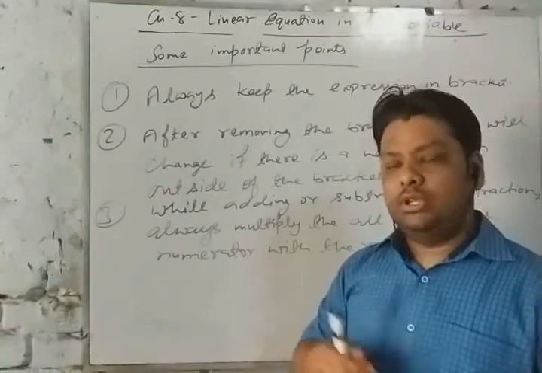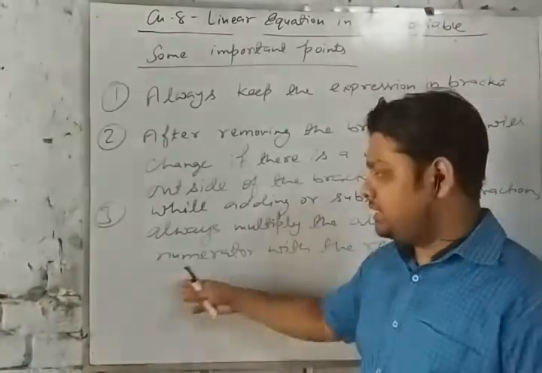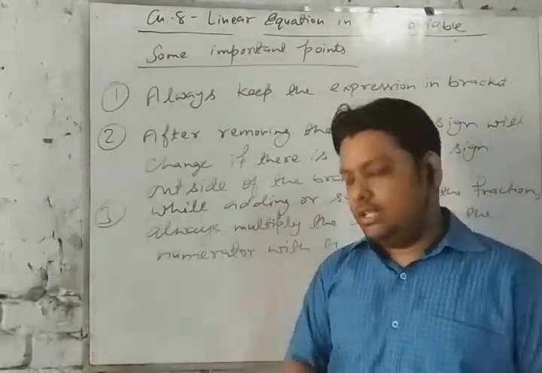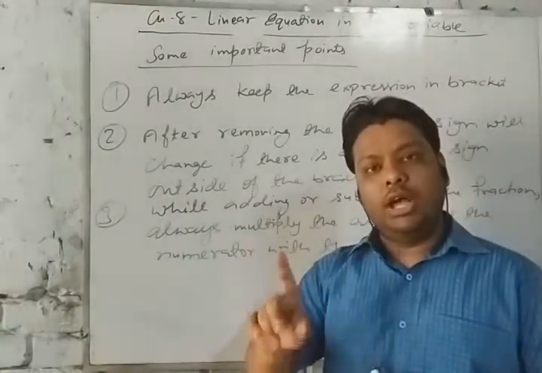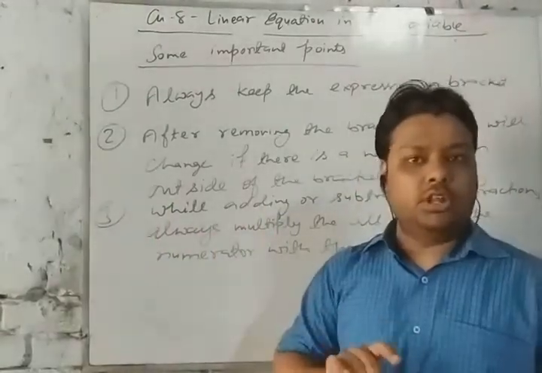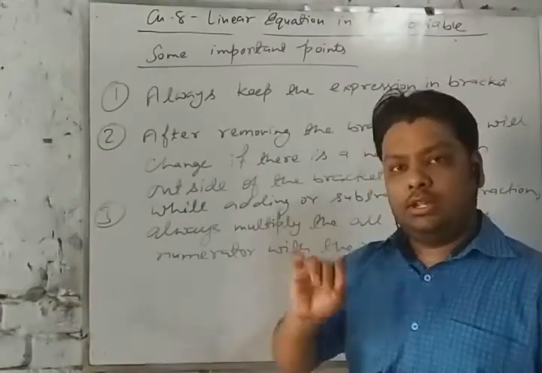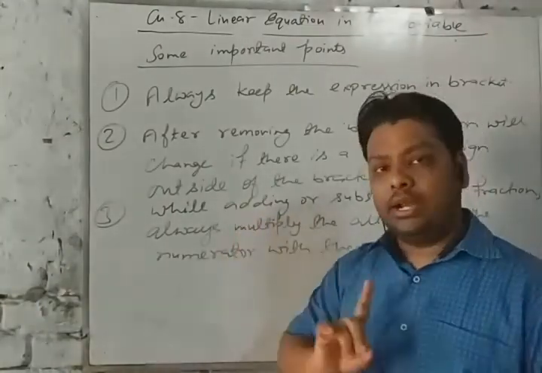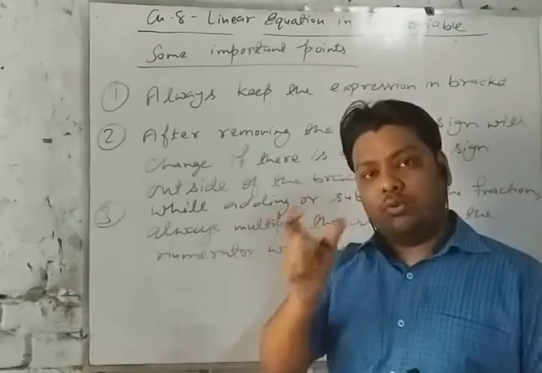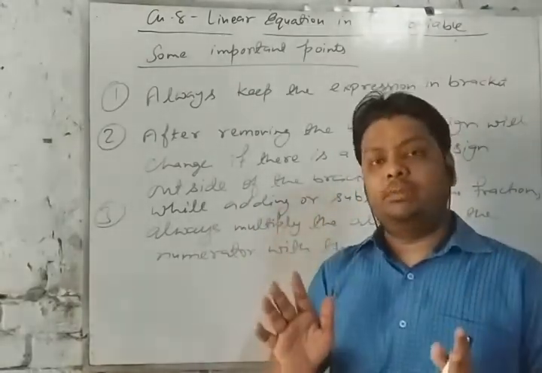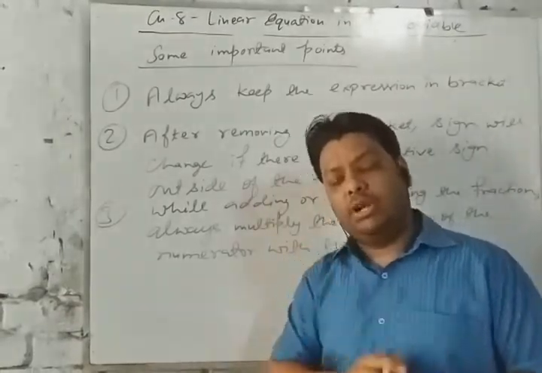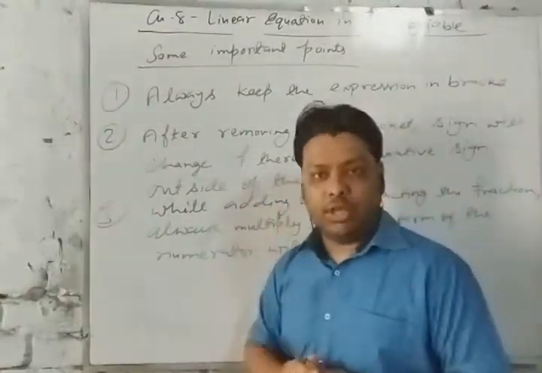And if you are taking LCM of any fractional number, then the result will be multiplied with the whole term of the numerator, because in numerator there will not be only a number. You will get the equation also, that is variable, and the constant term also. So you have to keep it in bracket, and the result will be multiplied with the whole term.